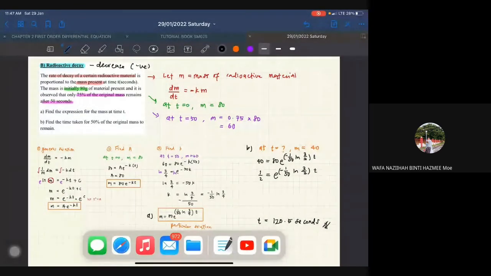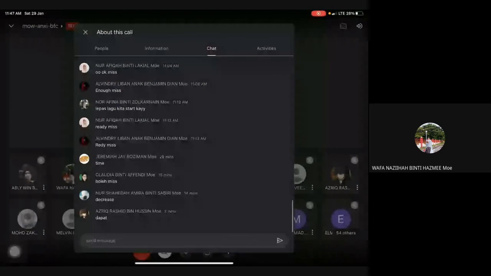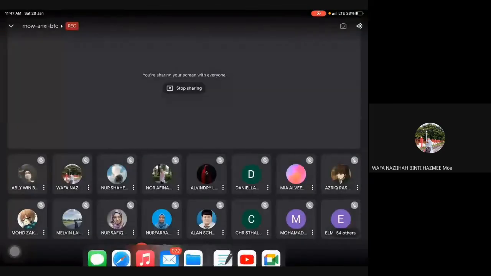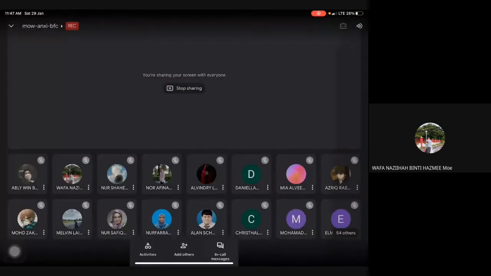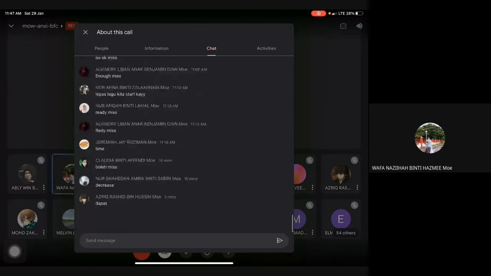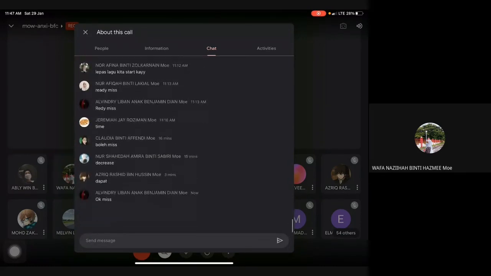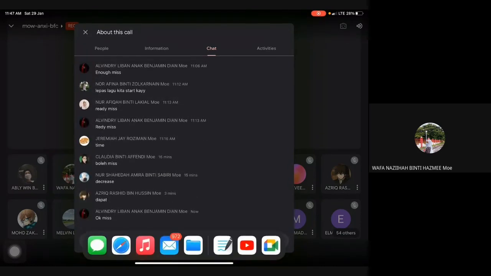Ada. Orang lain okey ke? Ada lagi 2 application. Sikit je lagi before this. Okay ke for this one? Second application? Boleh. Boleh. Okay. Alright. So saya sambung je lah terus kan.